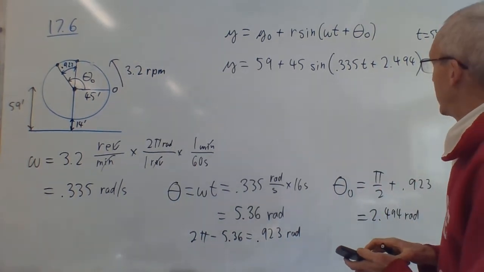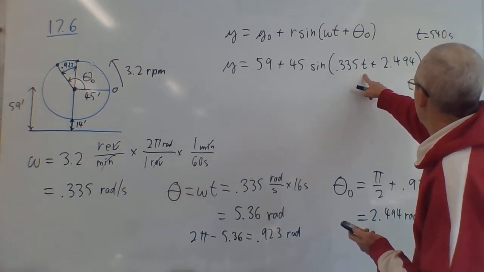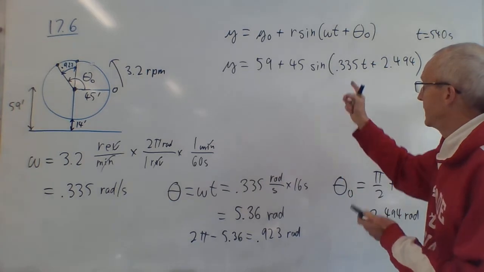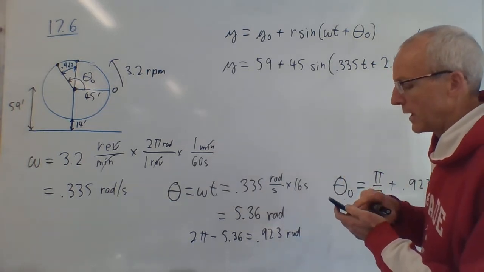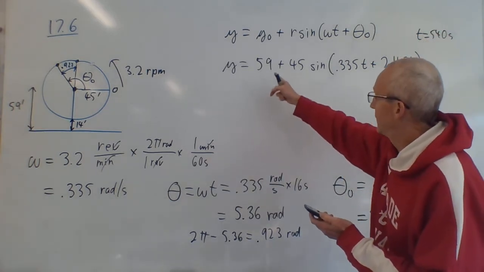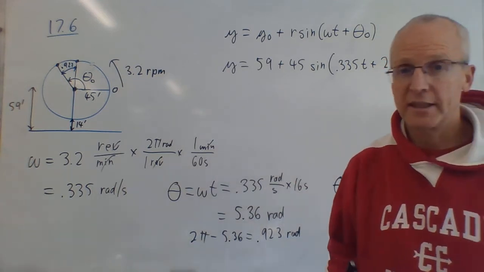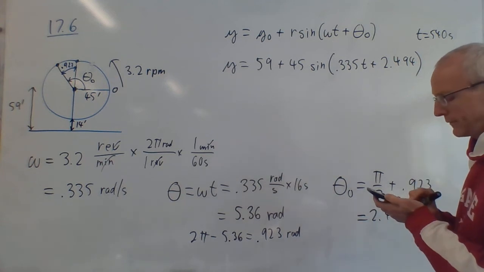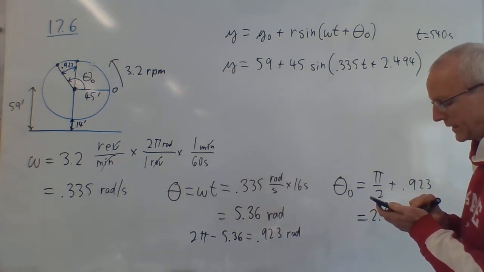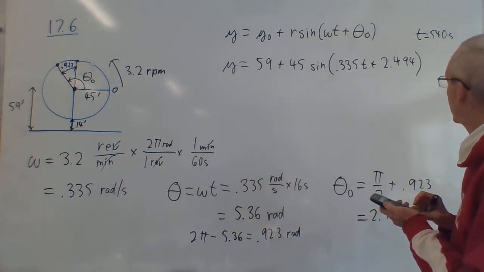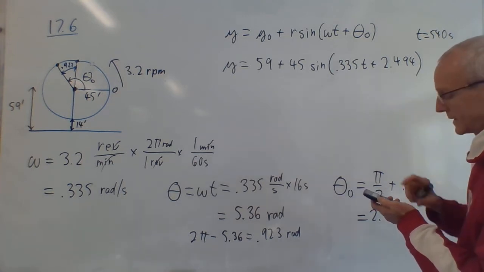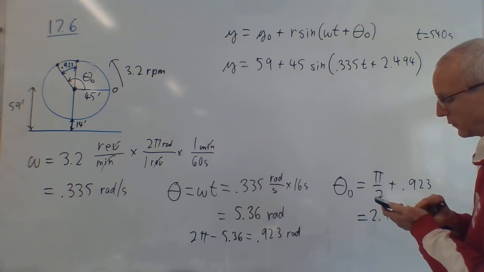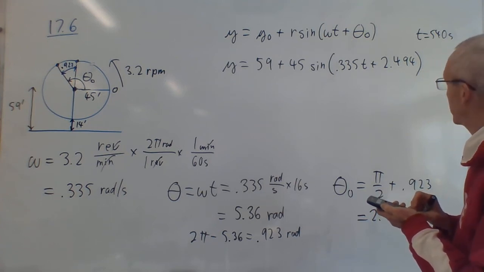So you plug 540 in here, multiply by 0.335, add it to that, take the sine, and calculate in radian mode, and then multiply by 45, add 59. Oh, that's a lot to do in your calculator, right? Okay, so let me try that. 540 times 0.335, I get 180.9, plus 2.494 equals 183.394.